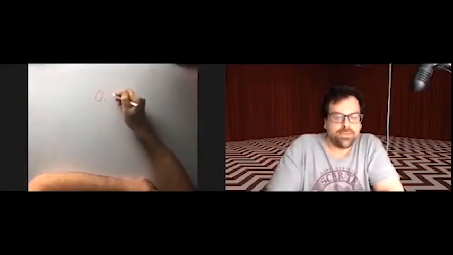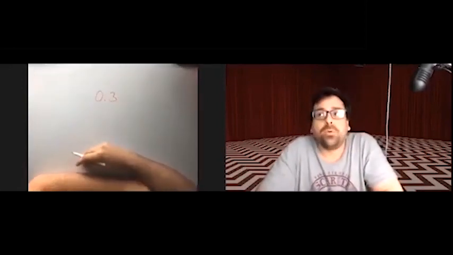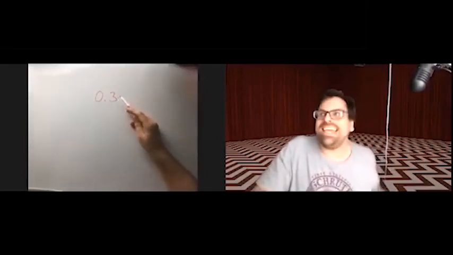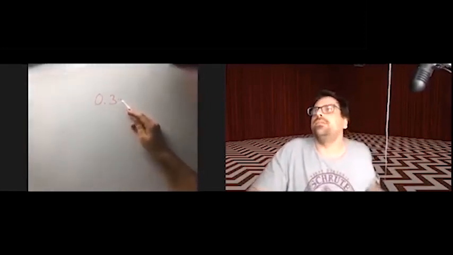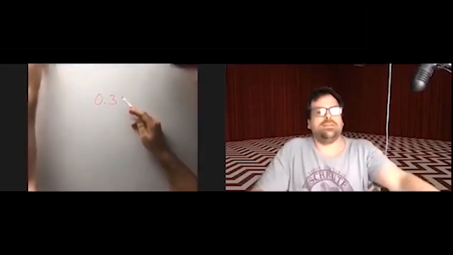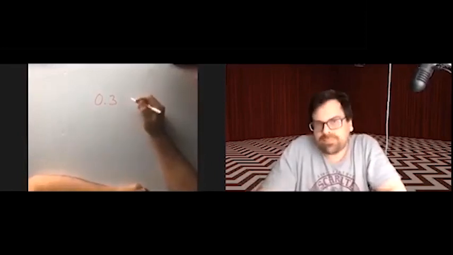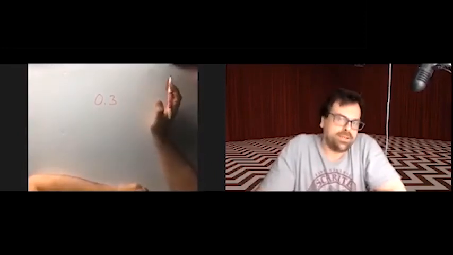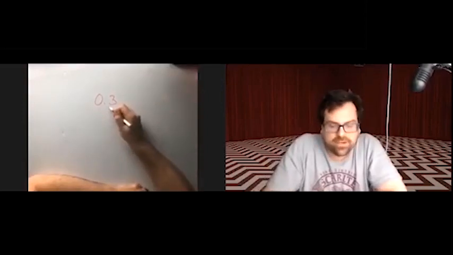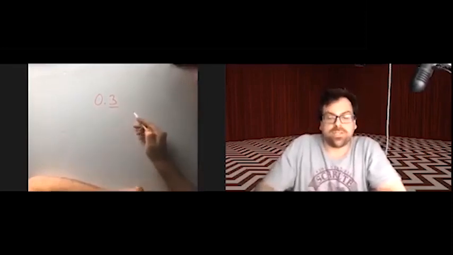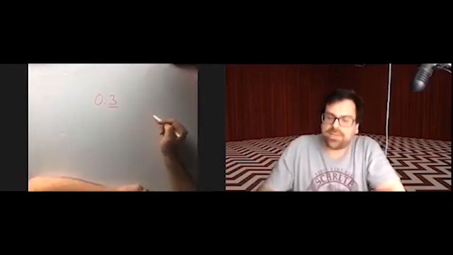If we had the decimal 0.3, this is spoken as what? Well, we know our place value. Where does it end? It ends in the tenths spot: tenths, hundredths, thousandths, ten thousandths, hundred thousandths, millionths.